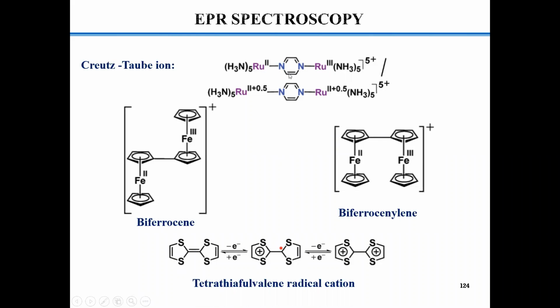There, one question came up very clearly: how effective and how strong is this electronic coupling? Now, there are two possibilities. If the electronic coupling is not very strong, then it can be considered a localized situation. At a particular instant, one could consider this metal in the +3 state, the other in the +2, or the reverse.